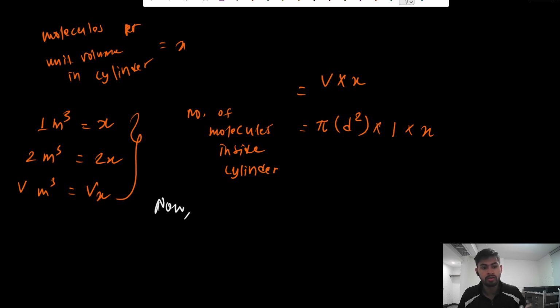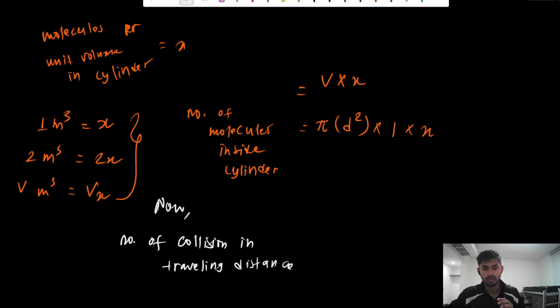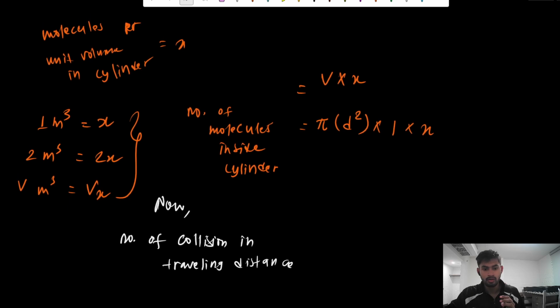Now, what we are interested in is not the number of molecules inside the cylinder. What we are interested in is the number of collisions in the traveling distance.